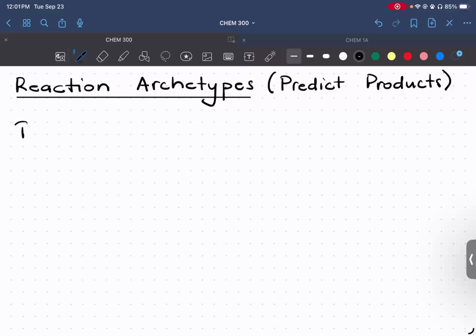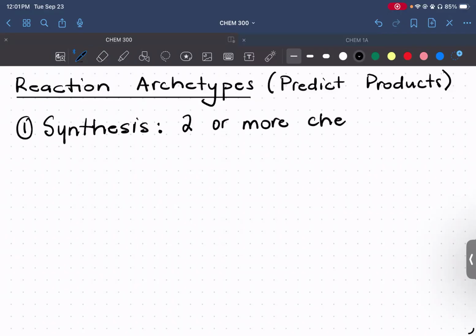One of the first ones we will cover is known as synthesis. Synthesis describes a reaction where two or more chemicals combine into one.